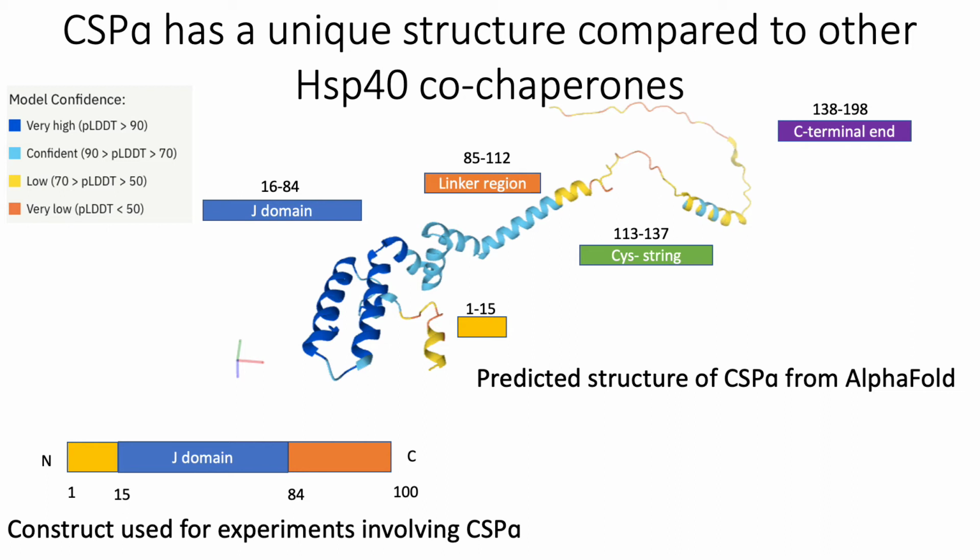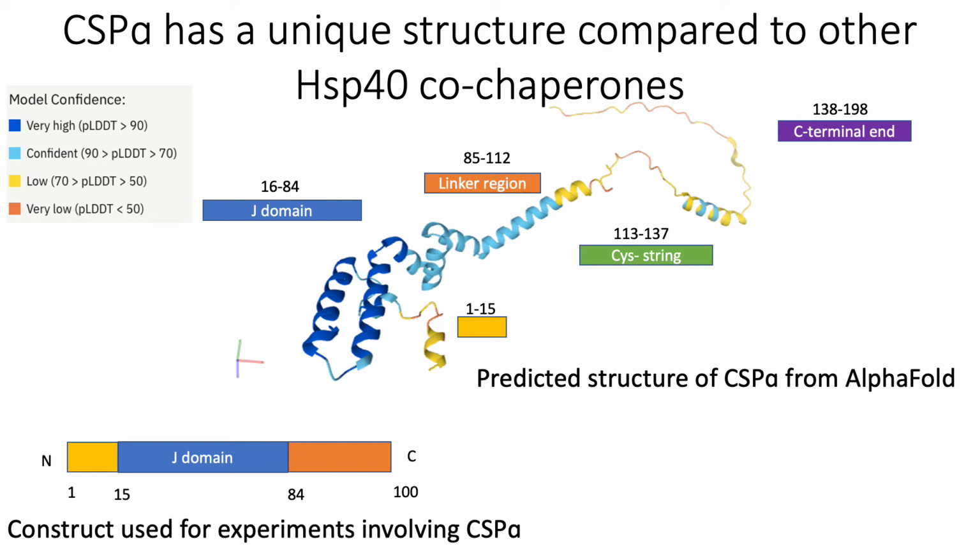Looking at the structure, it has a pretty unique structure compared to other J-domain proteins. One of those is that it doesn't have a substrate binding domain, so how it interacts with SNAP25 isn't understood. Another part is that it has a palmitoylated region, which is the cysteine string region, which is how it is bound to the membrane in vivo.